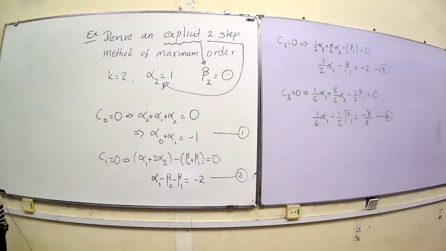By solving equations 3 and 4, you will be able to get alpha 1 and beta 1.